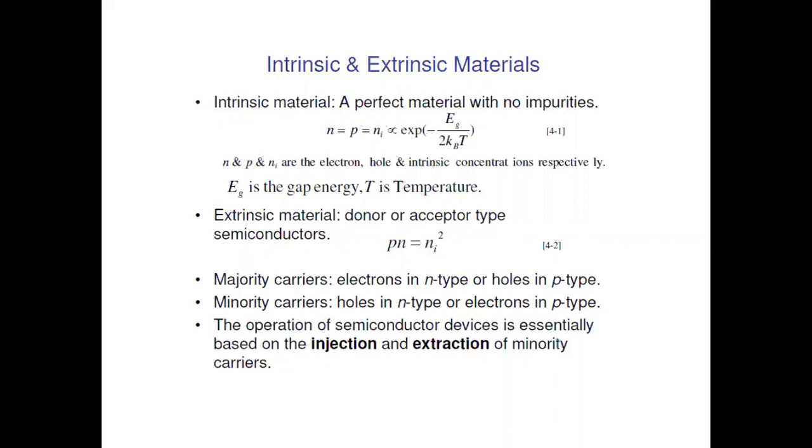Now the majority carriers are electrons in N-type and holes in P-type. Minority carriers are definitely the opposite. For device operation, we need to inject or extract minority carriers.